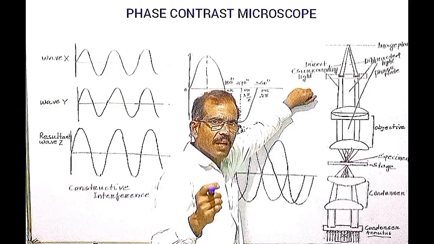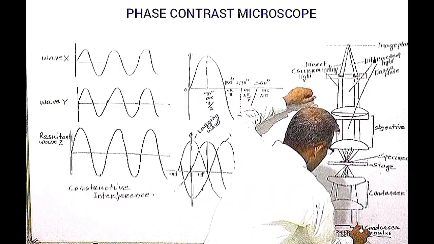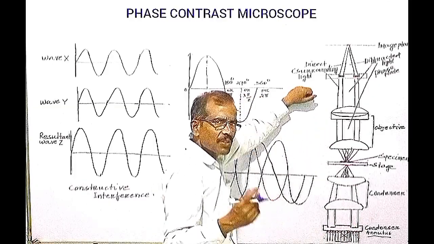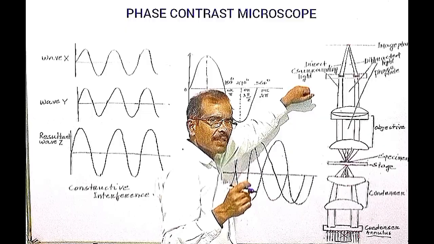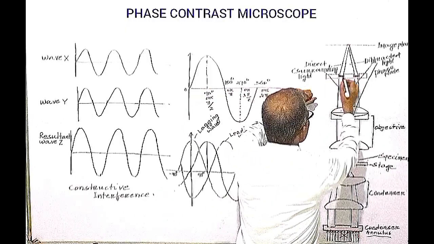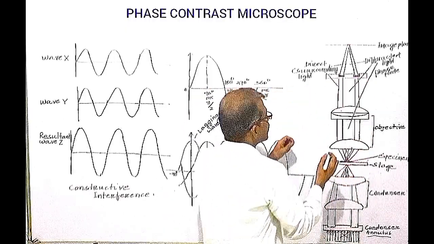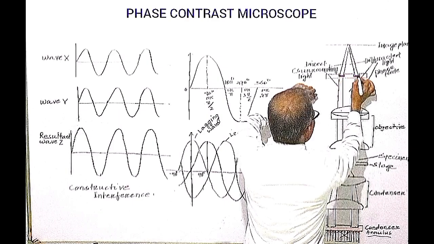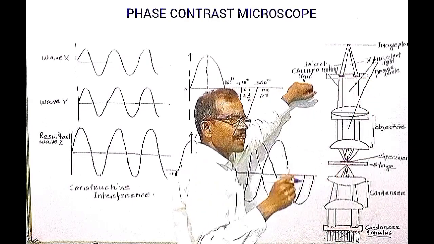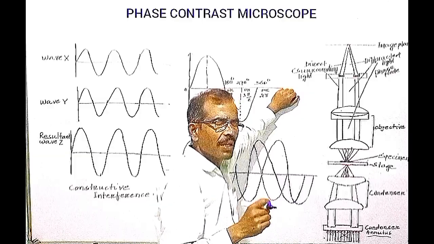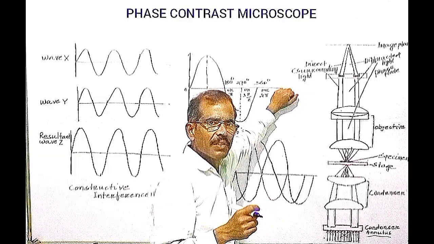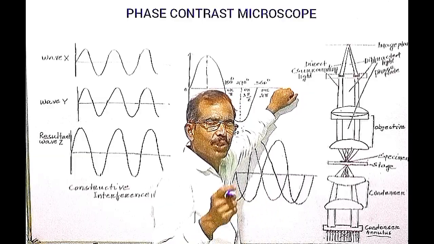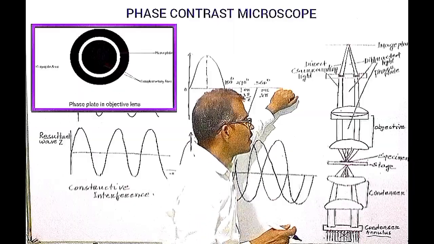In a phase contrast microscope, the diaphragm is matched in diameter and optically conjugate to the phase plate. The plate contains a specialized ring known as the phase ring, which contains materials that are responsible for shifting the phase of light.